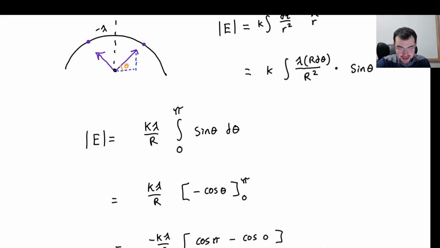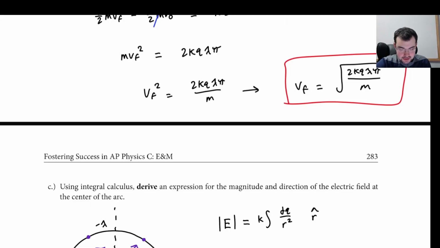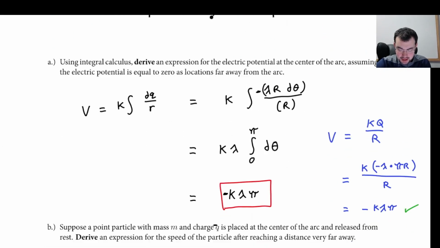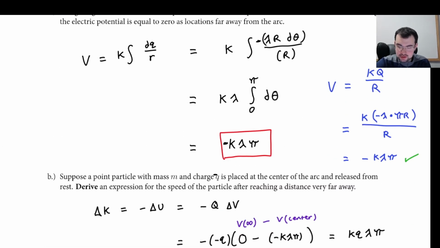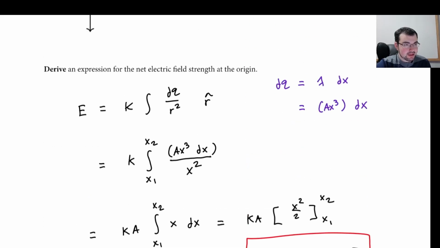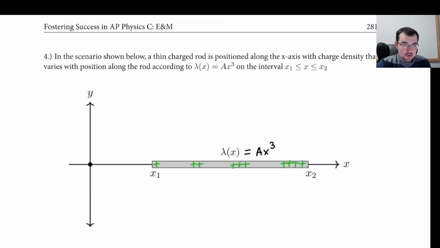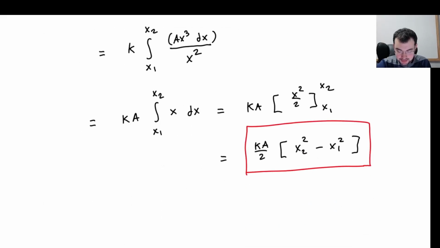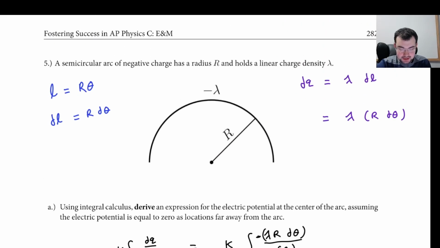There's only perfect cancellation at the center of the arc. So this is the exception to take a derivative because there isn't really a coordinate that we can take a derivative of in this potential formula because it was specific to one special point. It wasn't like the rod where we could pick anywhere along this collinear with the rod. We had to specifically be at the center of this arc for this derivation to work.